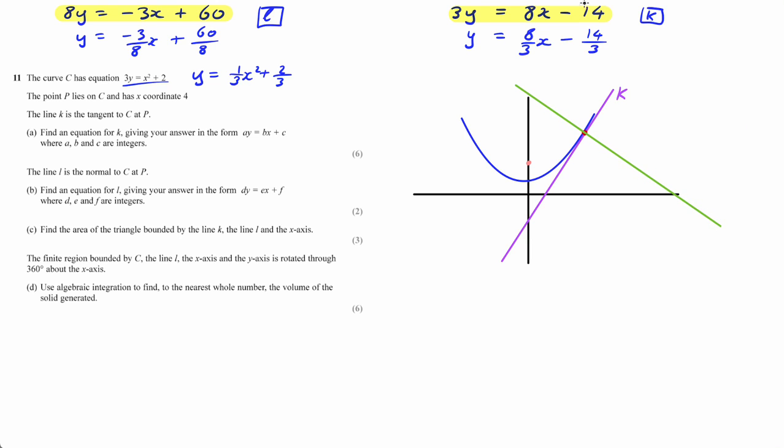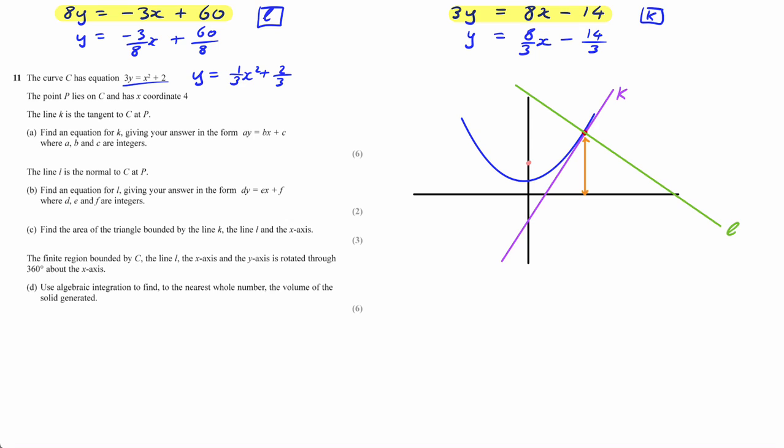Nice. So this is L, and this is like 60 over 8, whatever. It doesn't really matter, because what we're trying to do is get this area here. To get that area, we need base times height. But the key part to this whole question is that they both meet here at that point.